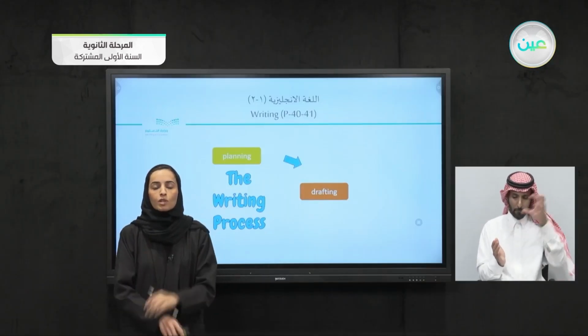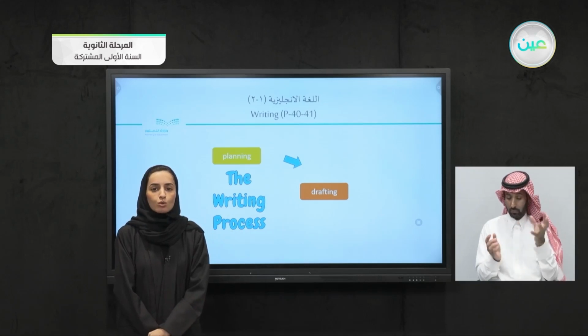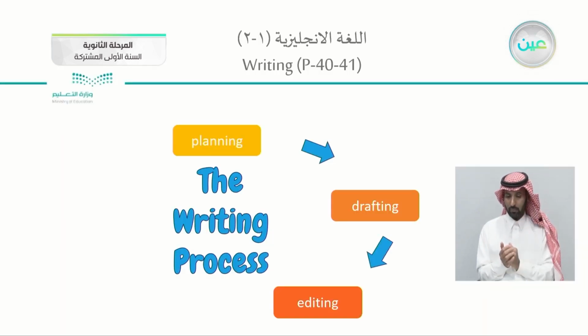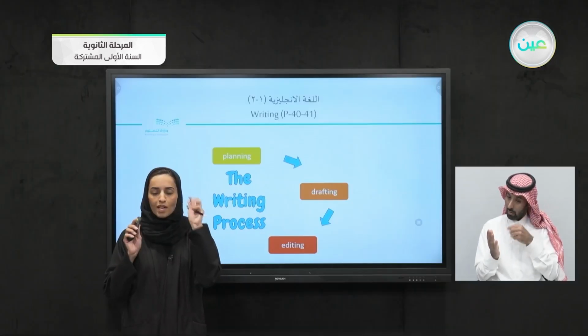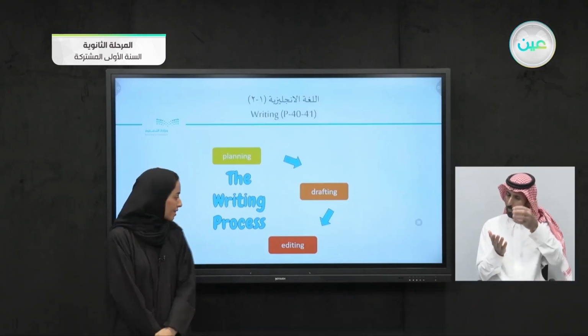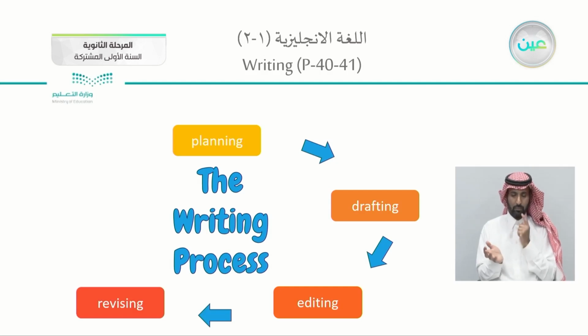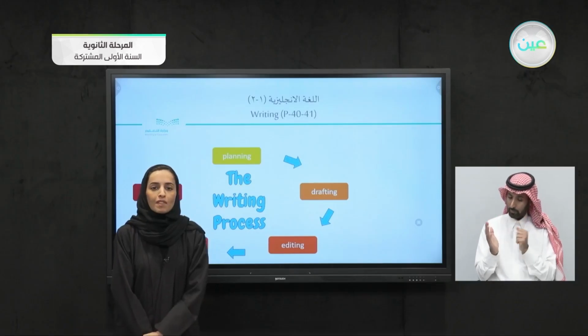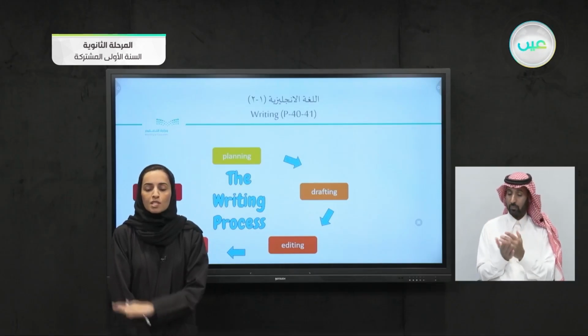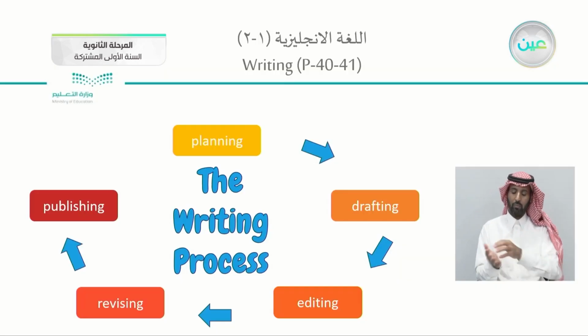Any idea is going to be included. Brainstorm ideas. Then we will go to the editing. Now we will edit, take out and add more. Then we will go to the revision part, in which we will check grammar, spelling, and the final revision. And by the end, we will go to the publishing, which is you are finalizing, and you will say, this is the thing, or this is the email I am about to send.